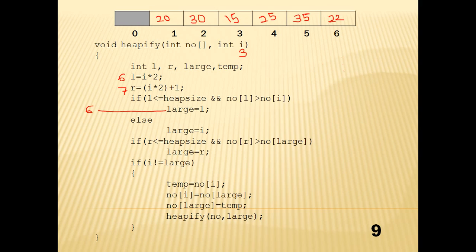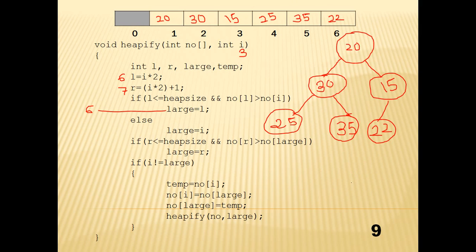Okay, here I am writing some notation. I am drawing the tree to better understand. This is the equivalent tree, and the value of i was 3, 3 is 15, and so the left child will be index 6, the right child will be index 7.